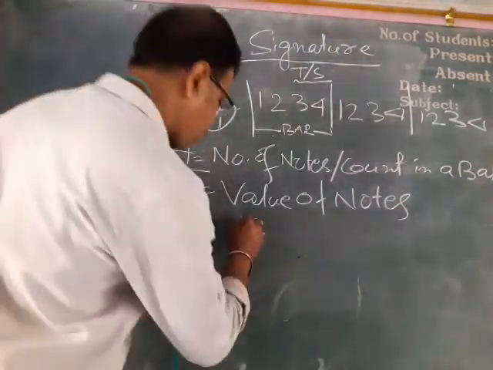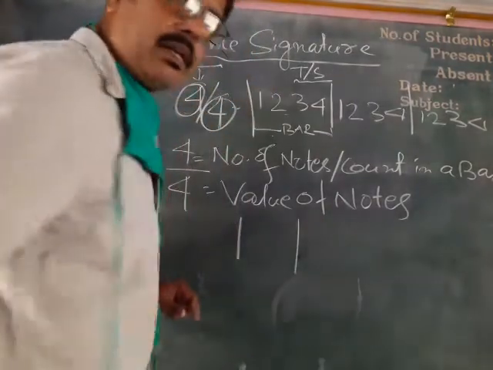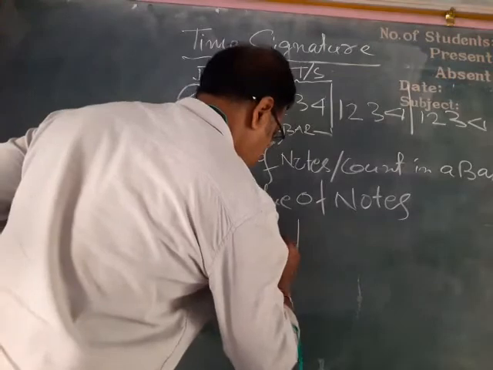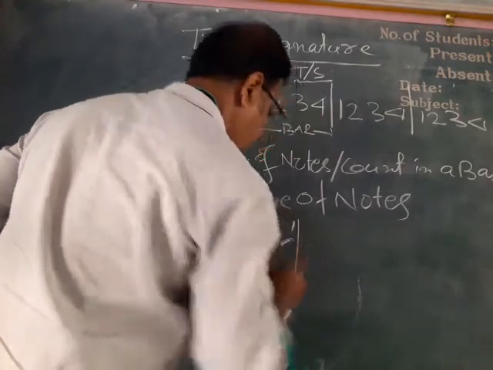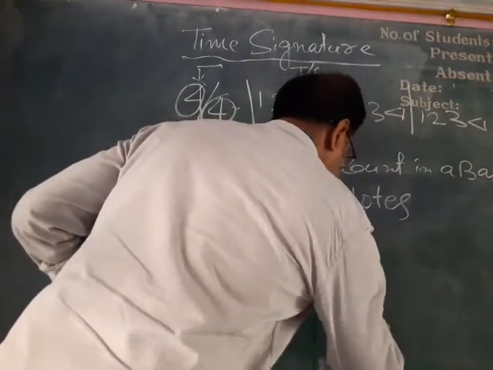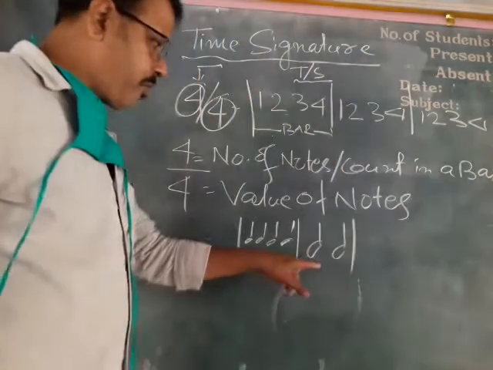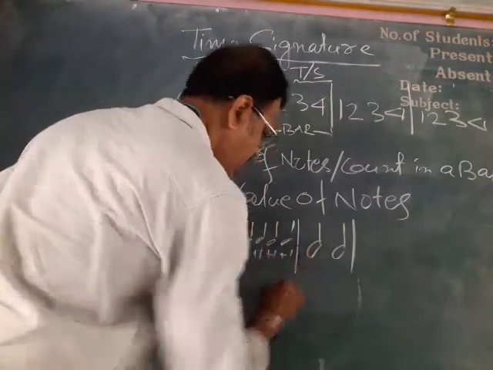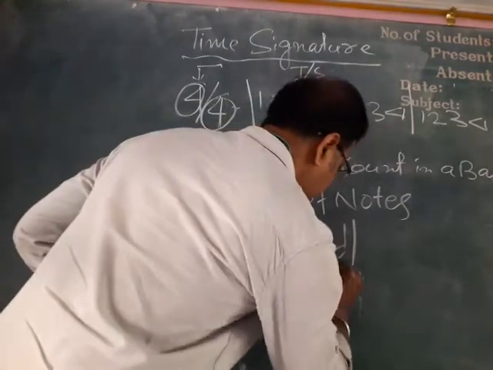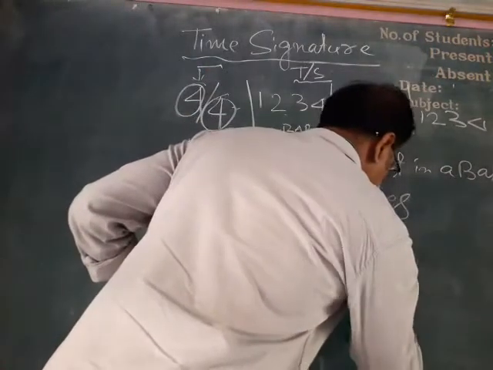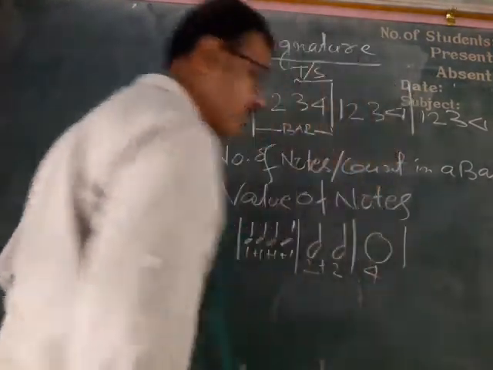How is it? In a 4/4 bar, I can write 4 crotchets. This is also 4/4. If I write 2 minims, this is also 4/4, because 2 plus 2, just as 1 plus 1 plus 1 plus 1. 2 plus 2 means 4. If I write a semibreve, that is 4 counts.